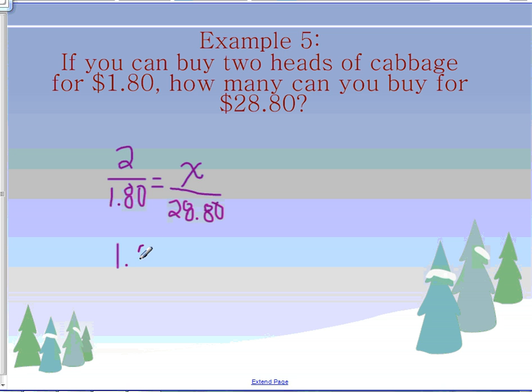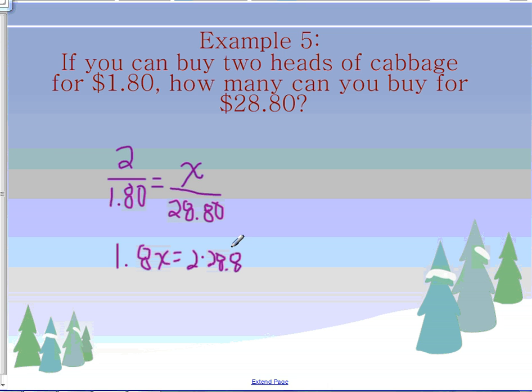All right, so I have 1.8x equals 2 times 28.8.